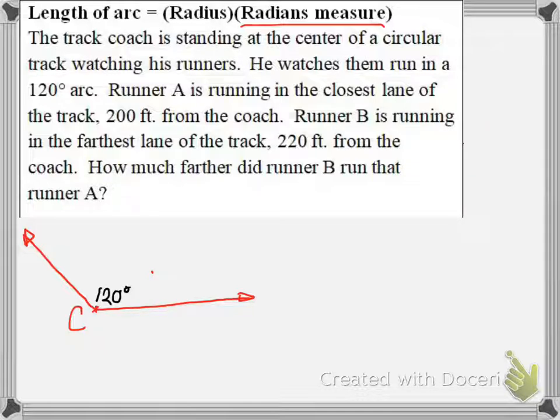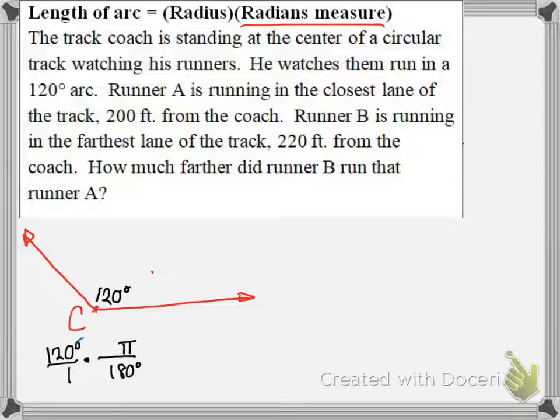And you know what? I know from this problem that I'm going to want to know the radian measure, not the degree measure. So before I even draw the rest of the picture, I'm going to take 120 degrees over 1. And I'm going to say I need to get rid of those degrees and put in a pi. The ratio I use is 1 pi over 180 degrees.